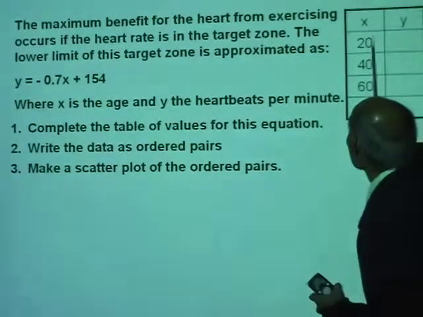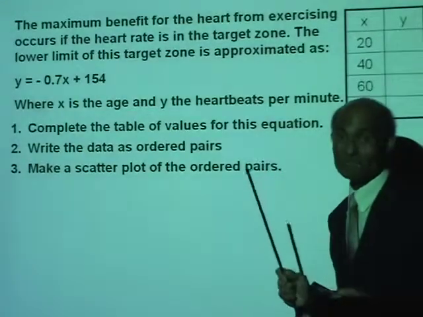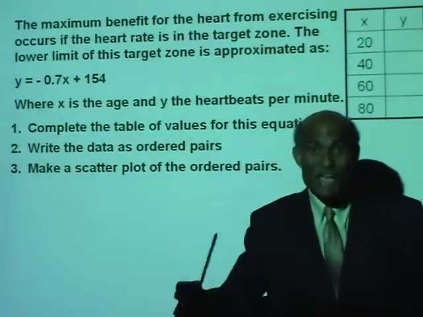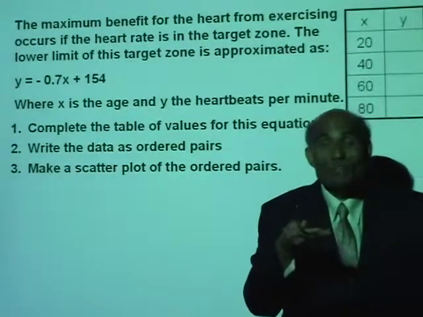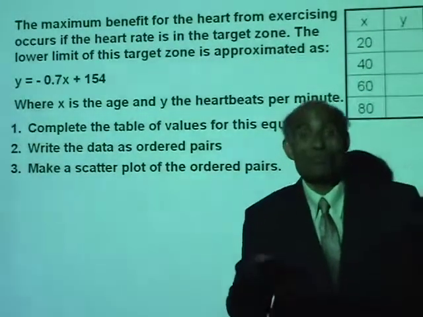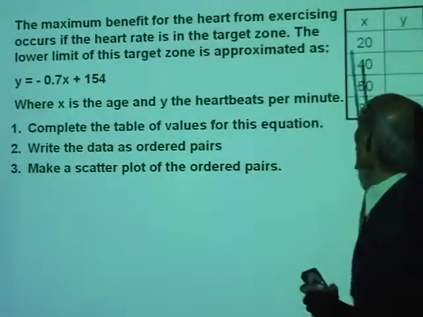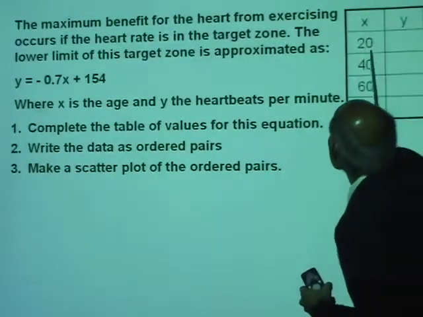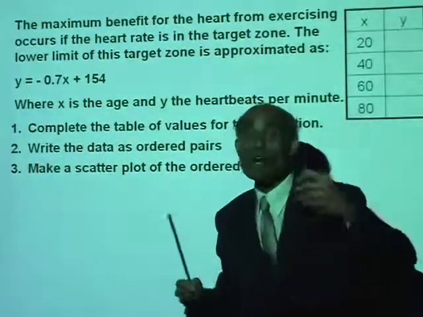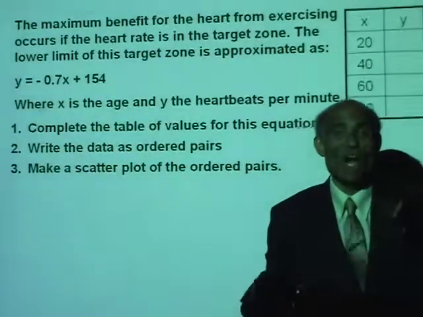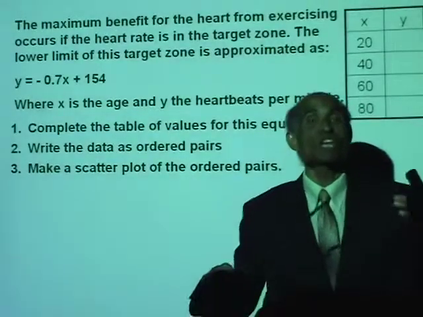Tell me, what are the values of x here representing? X represents the age of a person, and y represents the lower limit of the heart rate. Okay? For a person who is 20 years old, what is the lower limit? What is the lowest number of times the heart can beat and you still can be healthy?